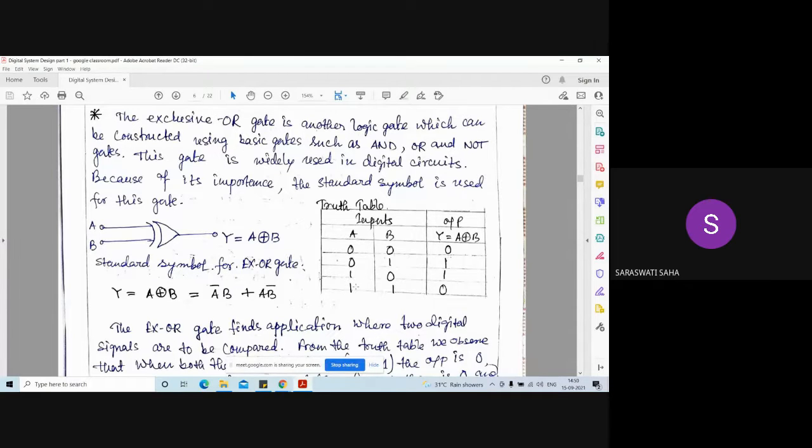But when both the inputs are 1 in the case of a 2 input XOR gate, the number of ones is 2, which is an even number. So if an even number of ones are present in the input side, then the output will be 0.